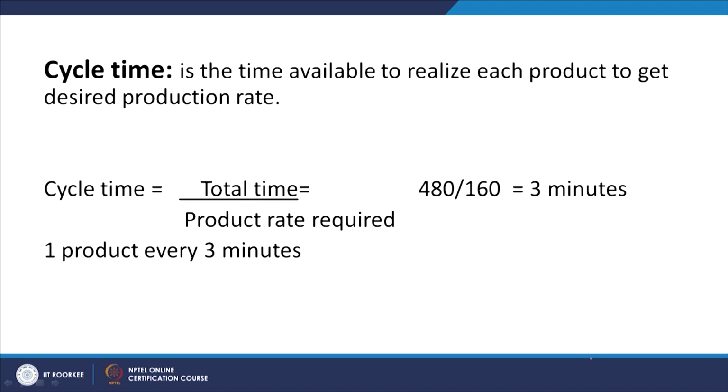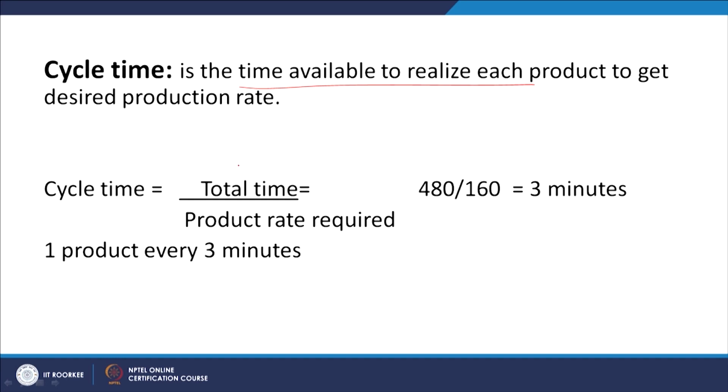Just for clarity, cycle time is the time available to realize each product to get the desired production rate. So, here, say the total time available is 8 hours, that is 480 minutes, and the desired production rate required is 160. So, 3 minutes becomes the cycle time.